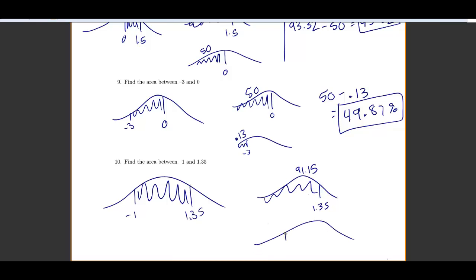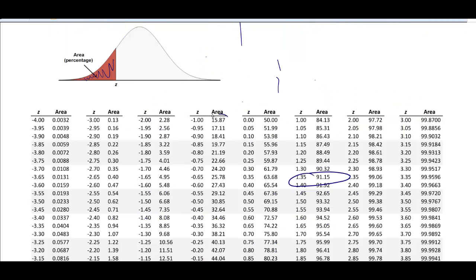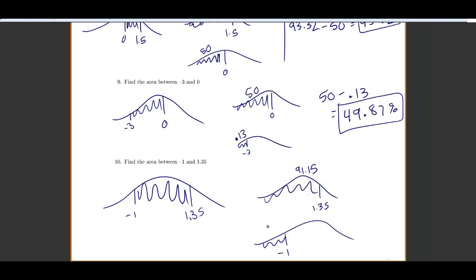And then if I look up -1, that has an area to the left of 15.87. And if you subtract them, 91.15 minus 15.87, that gives you 75.28%.